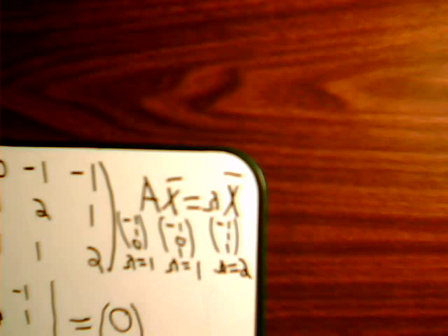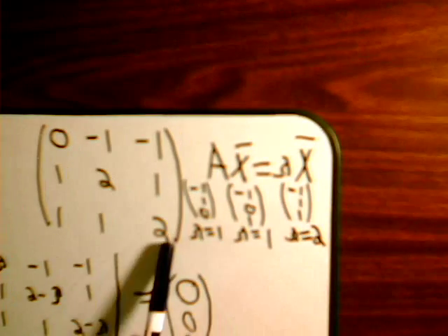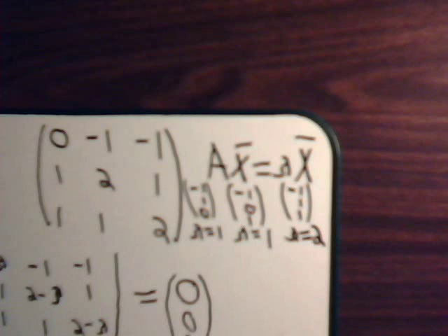So for this particular matrix, even though we had a repeated eigenvalue, we still had 3 linearly independent eigenvectors. So this particular matrix should then be diagonalizable.